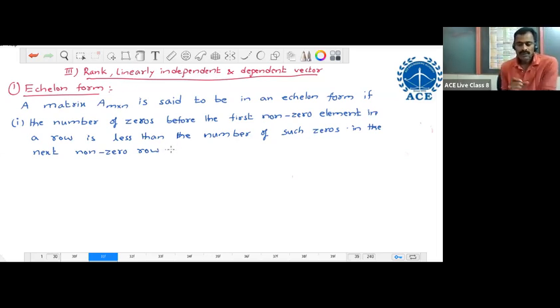The number of zeros before the first non-zero element in a row is less than the number of such zeros in the next non-zero row. Just look at this.